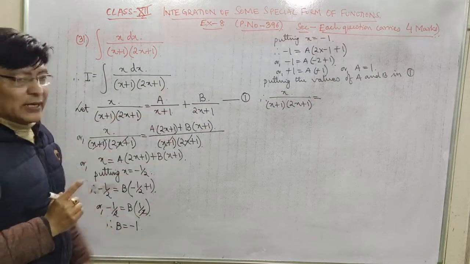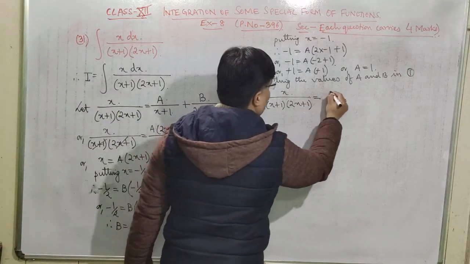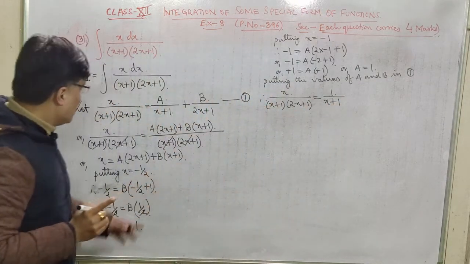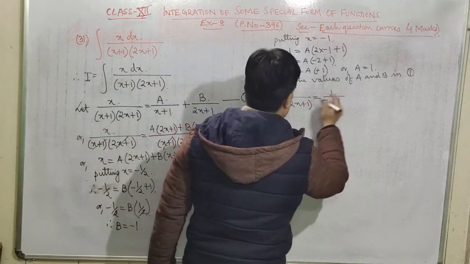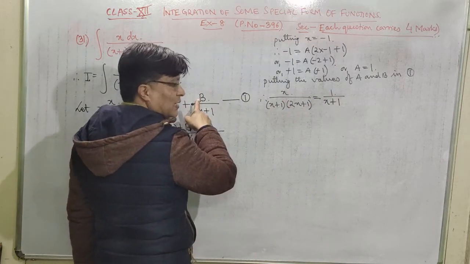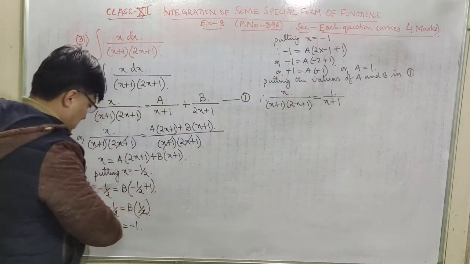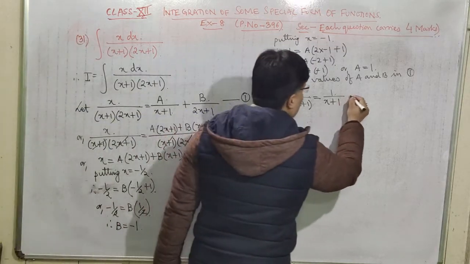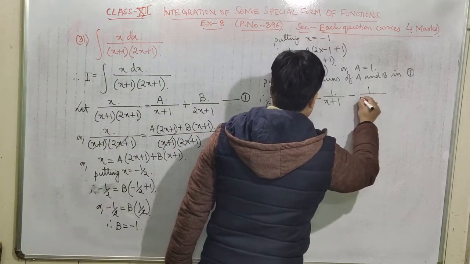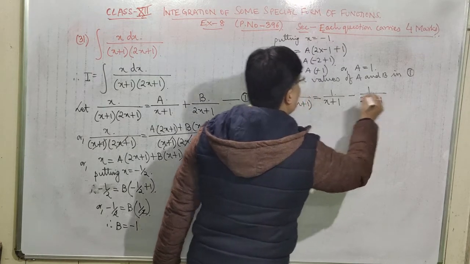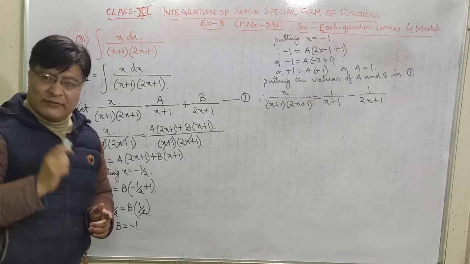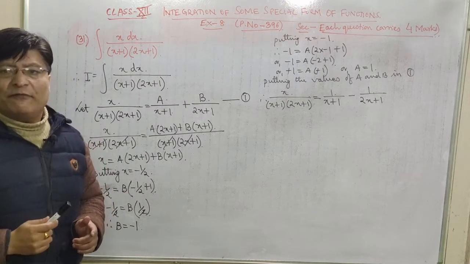It is 1, so 1 upon x plus 1. Is that clear? Then plus b, but the value for b is minus 1. So plus into minus is minus, so it is minus 1 upon 2x plus 1. Okay? So we have converted the given fraction in terms of partial fractions.